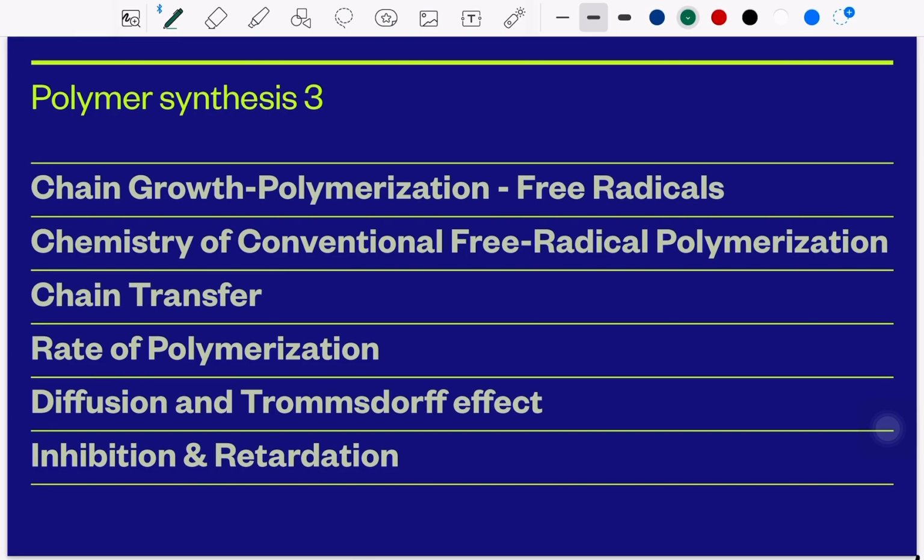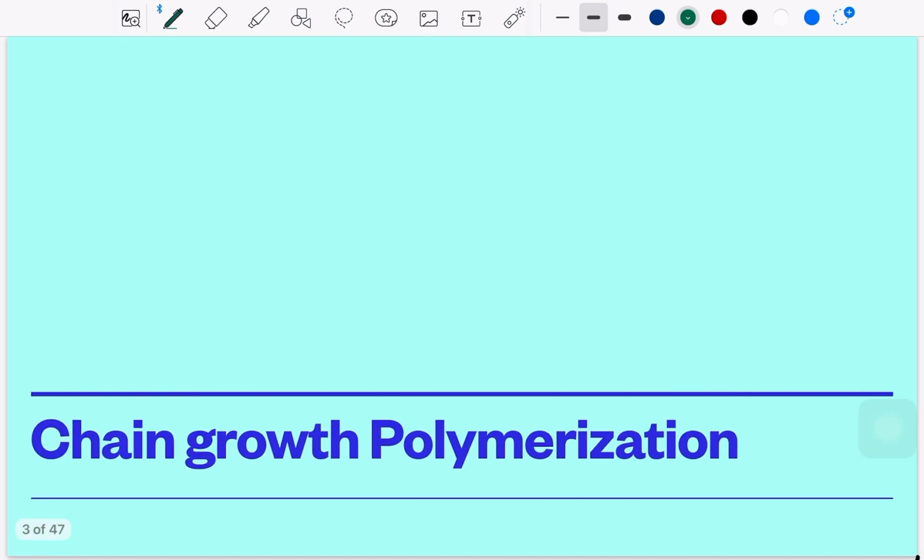Okay, I think we can observe the beginning. So the principle: chain growth polymerization. From the name, chain growth is going to be how to grow a chain, okay? A chain like in the polymer.